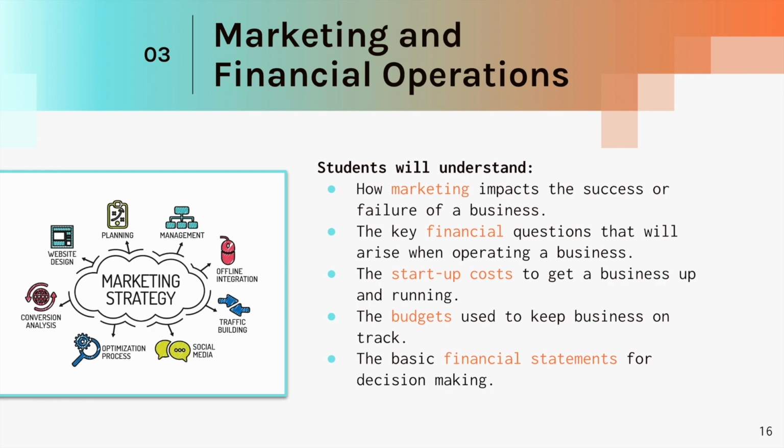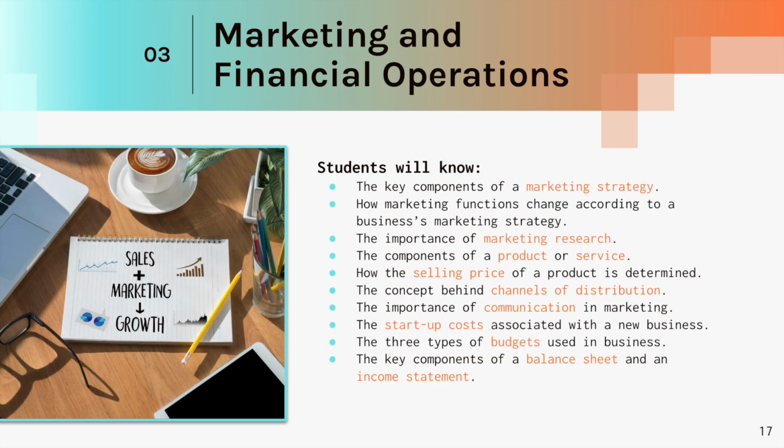We'll also look into startup costs and budgets that are used to keep businesses on track. Students will have the opportunity to explore key components of a marketing strategy. We'll do some marketing research, as well as looking into how the selling price is determined, the importance of communication, and also the key components of a balance sheet and an income statement.